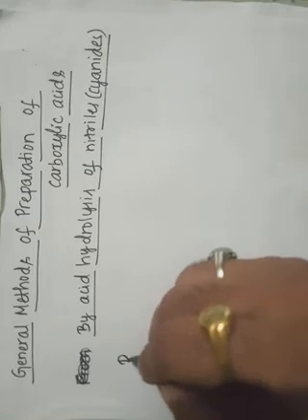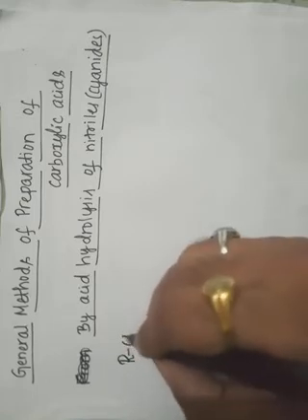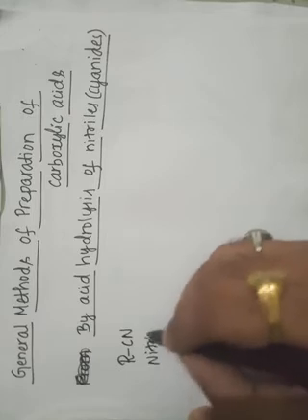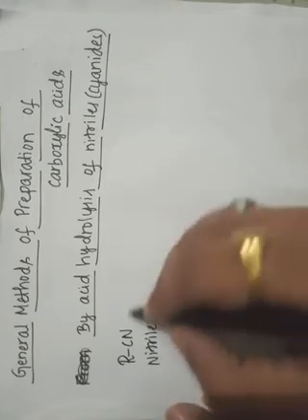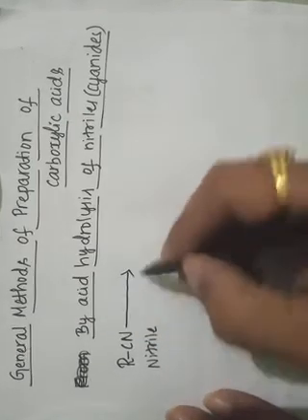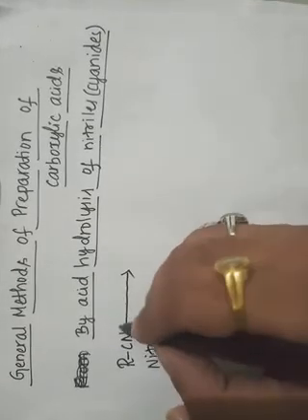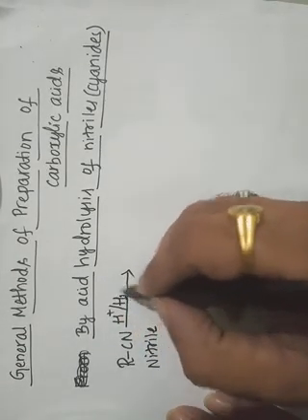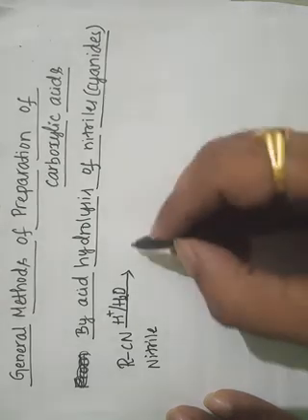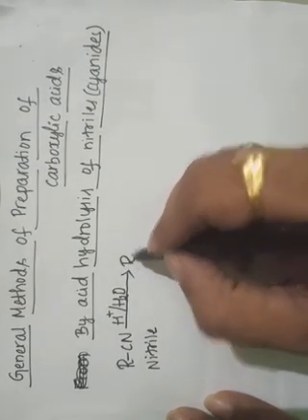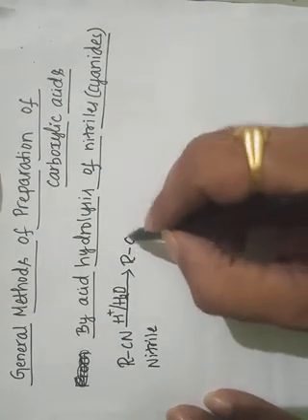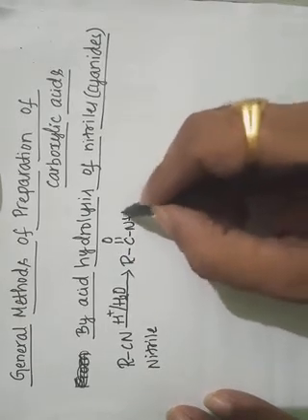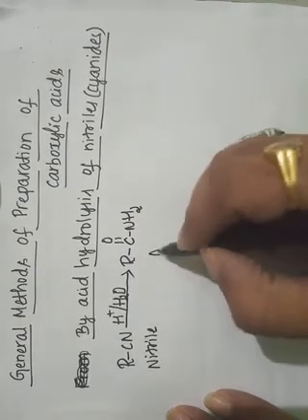So that is RCN, the nitrile, upon acid hydrolysis. First the nitriles will form the amides. So this is amide.